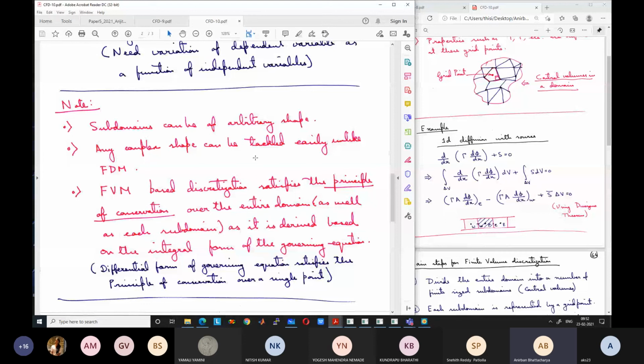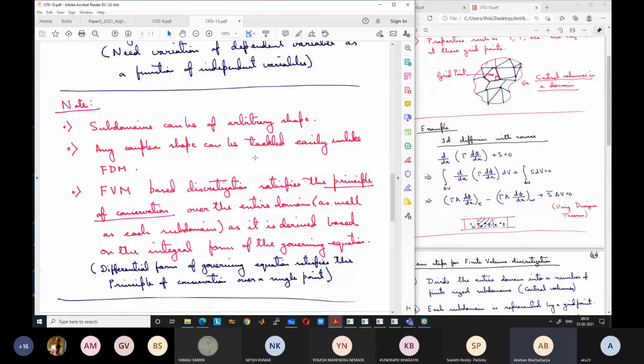Because this is a complicated domain, tackling it using finite difference method is very difficult. In finite difference method, we have seen that we need variation along x, y directions, so that we can use Taylor series expansion along x direction, y direction to represent the derivatives nicely in terms of grid point values.